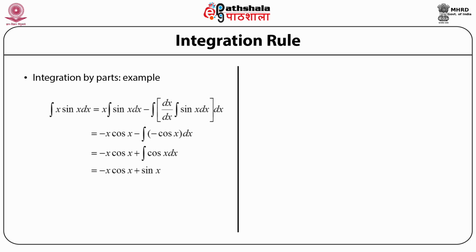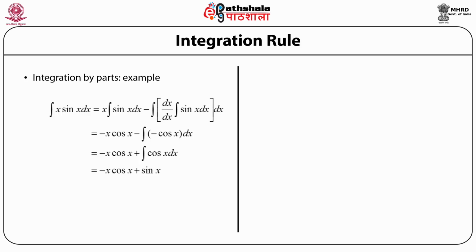integral x sin x dx is equal to x times integral sin x dx minus integral d by dx of x times integral sin x dx, into dx. So the first one, integral sin x dx, is going to give minus cos x. So the first term is going to be minus x into cos x.